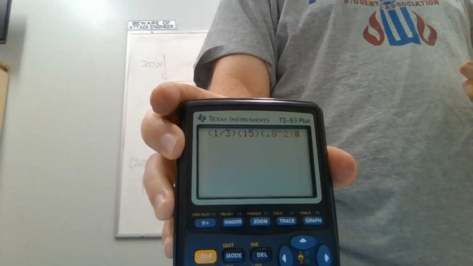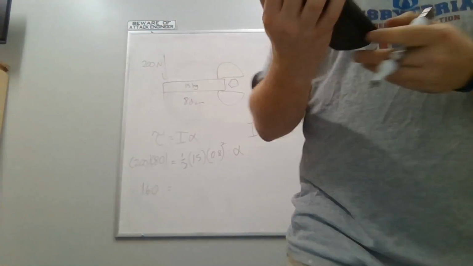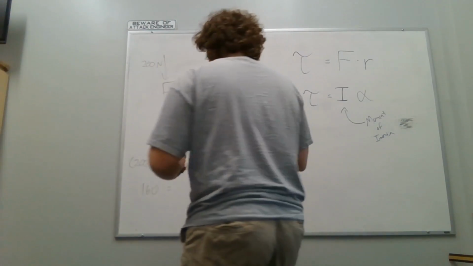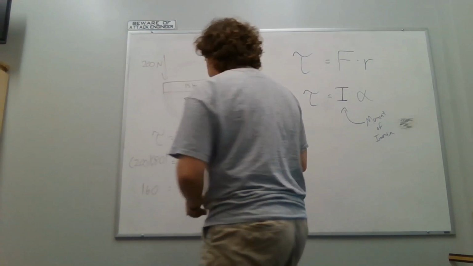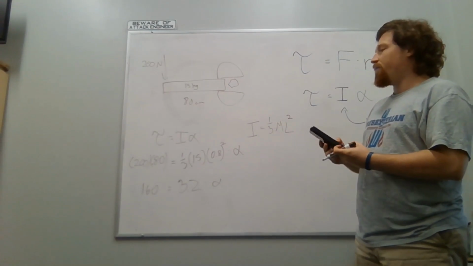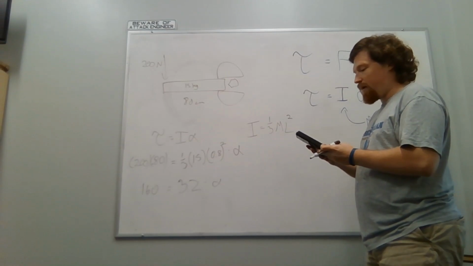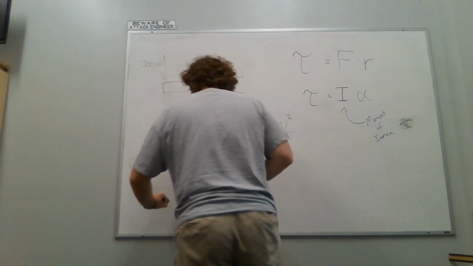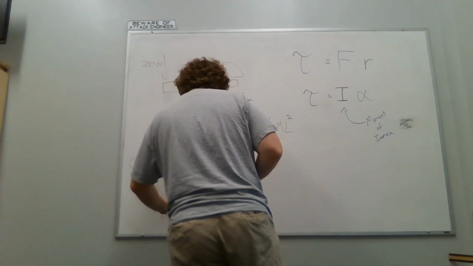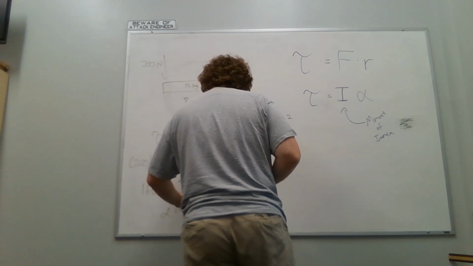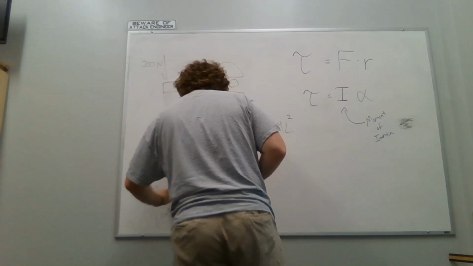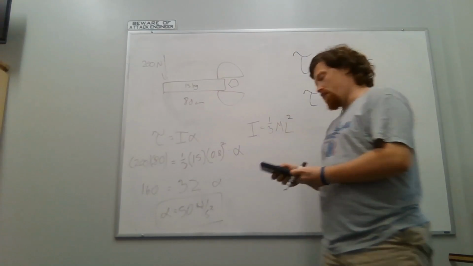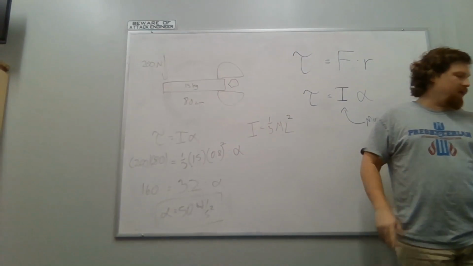Notice how I put that in my calculator. That's going to be equal to 3.2 times alpha. So now to get alpha by itself, we're going to divide both sides by 3.2. And so our angular acceleration, our alpha, is going to be equal to 50 radians per second squared. 50 radians per second squared.